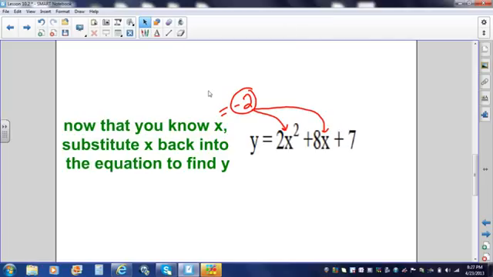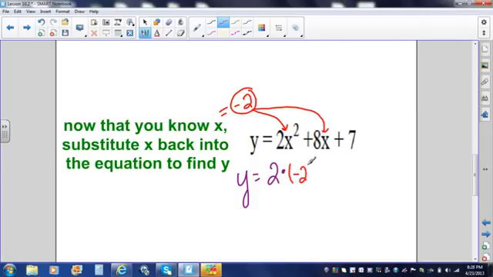So I'm going to rewrite the problem as y equals 2 times the quantity -2, exponent of 2, don't forget your exponent, plus 8 times -2 plus 7.